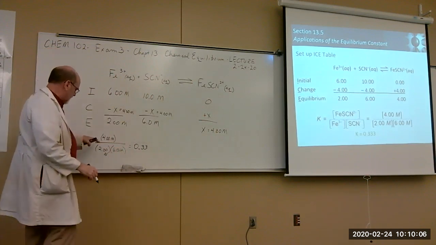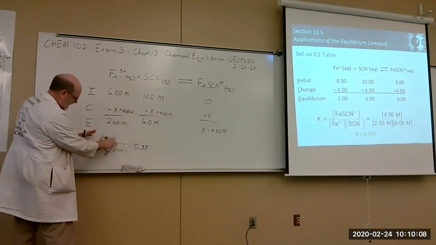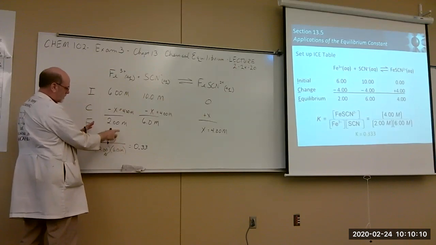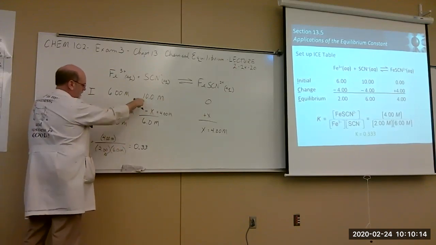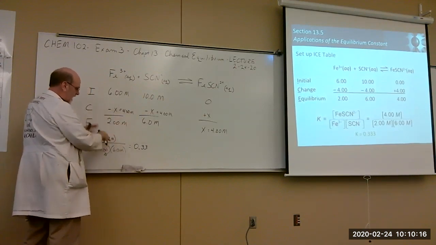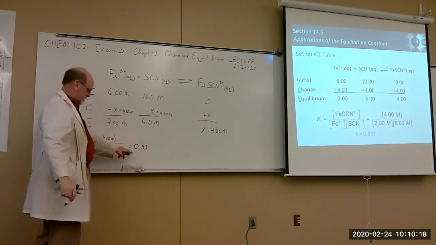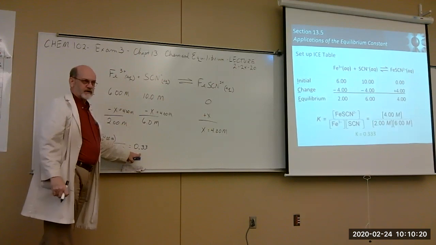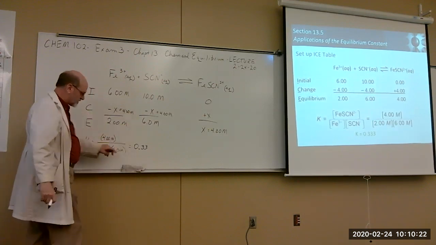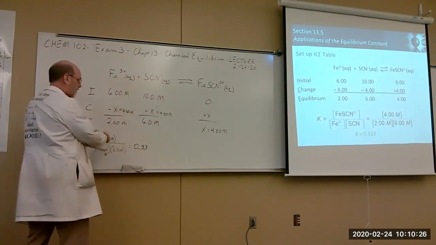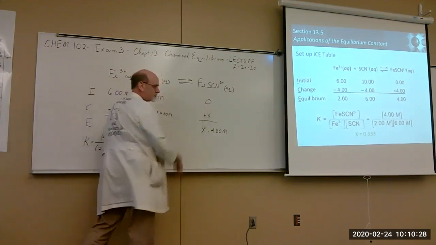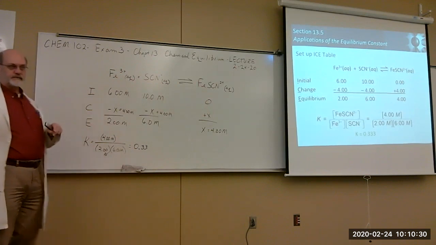Because our equation then would have x's in here, right? We'd have 6 minus x in there, 10 minus x in there, and x in there. And we couldn't calculate this. But if we had that expression, plus we knew what the K was, then we could solve for x and find out what this is. Okay?